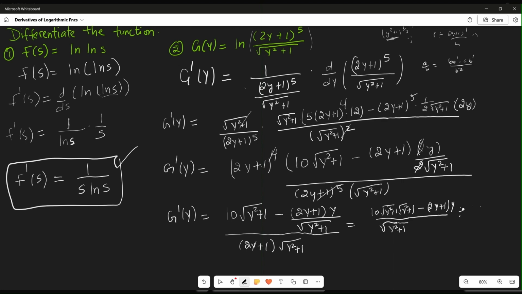So this is going to come in multiplication here. Simply y square plus 1 times 2y plus 1.